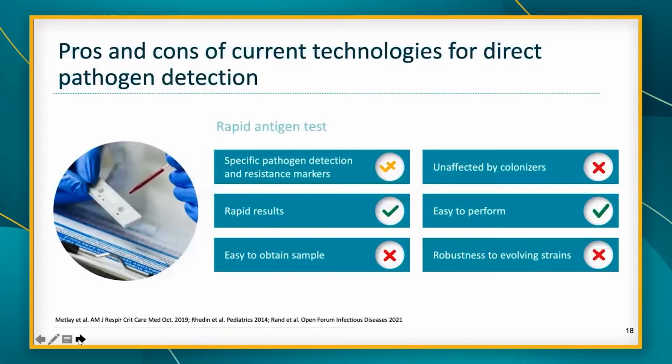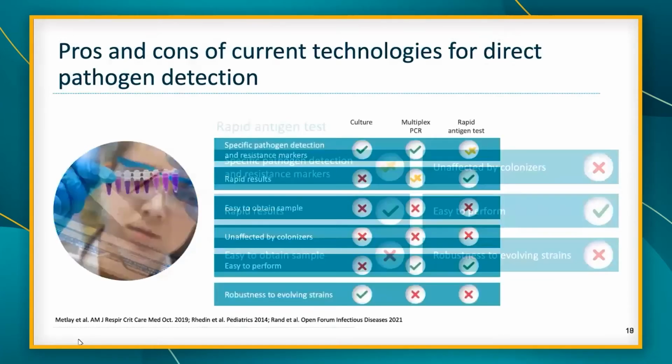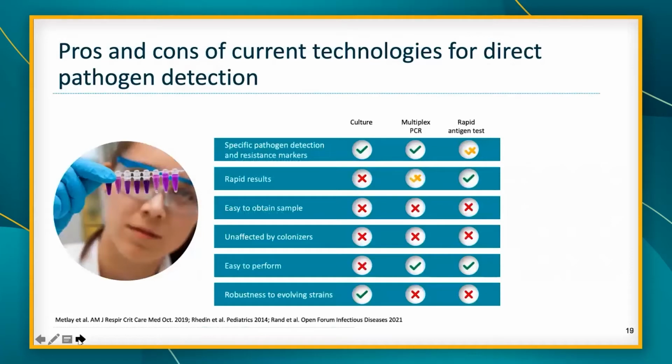So rapid antigen testing is very rapid. It's very easy to perform, but we do have limitations to it as listed here. So the pros and cons of these different tests that are available, there's strengths and weaknesses to all of them. Not one serves all of our needs.